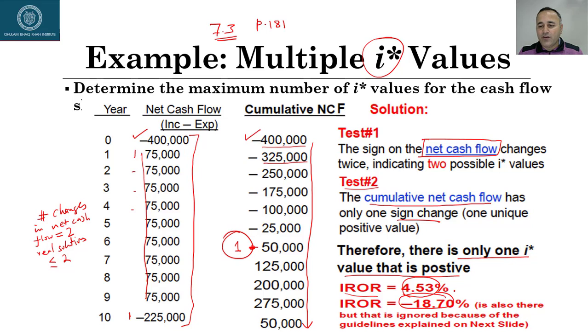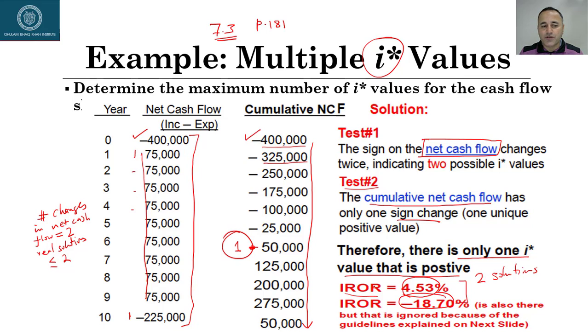So we have two solutions, which is consistent with Descartes' rule, which says that if the number of sign changes in net cash flow is 2, then the number of solutions is also 2.